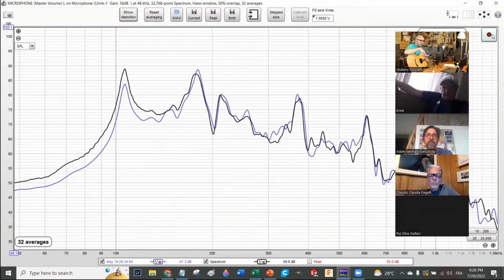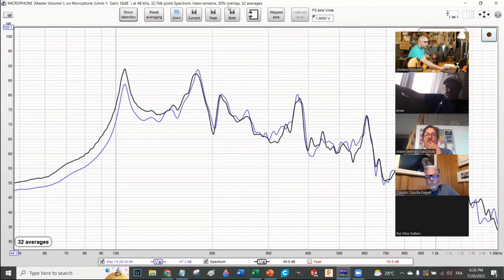So now I am in a different position than when I took the measurement before. I am on my chair and the microphone is closer to the sound hole, and the first mode is higher in amplitude. That's because the microphone is just closer.